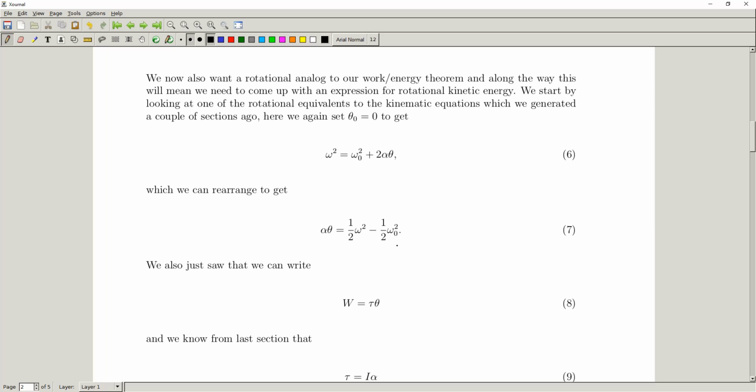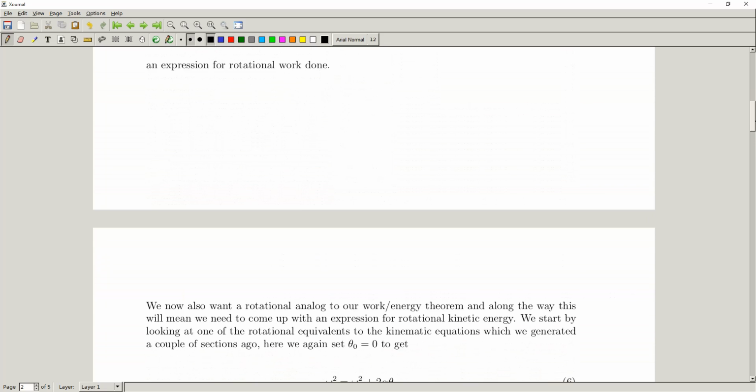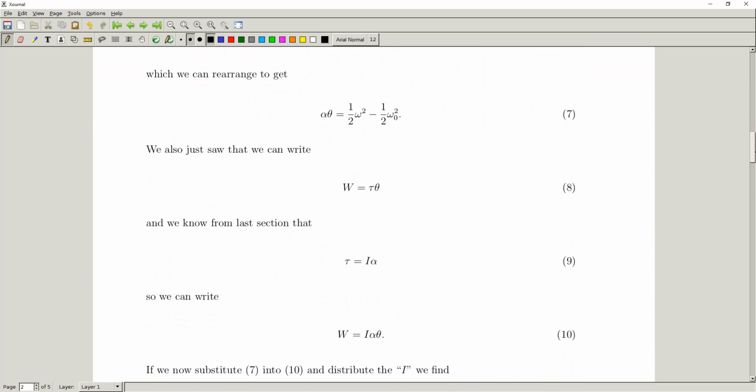And we just saw that we're able to write work in terms of our torque and the angle over which it acts, right? So keep this in mind, this equation 7, and then remember that just above we wrote down work equals torque times theta. And we also know from the last video that we can write our torque in terms of I and alpha, right? And I just went over what those are.